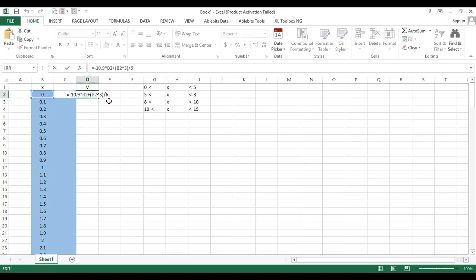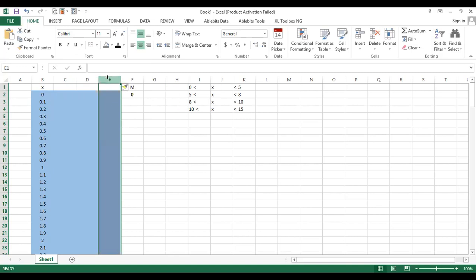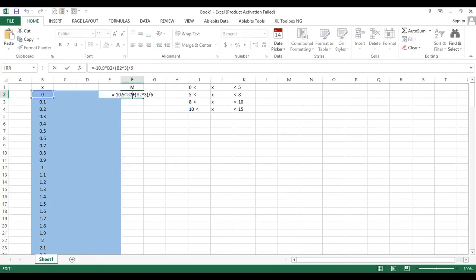I will use it because it's easy to construct the equation. So minus 10.9 x plus x to the power 3 over 6 is equal to 0, right?